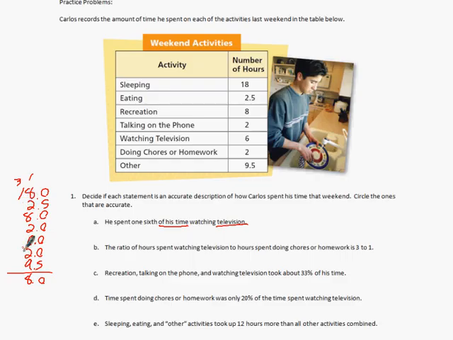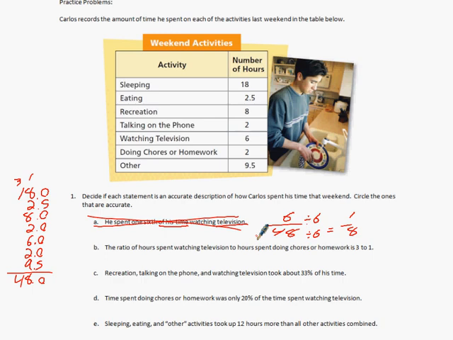Carry the 3. 4. 48 hours, which is 2 days, so that makes sense. So we know the fraction is over 48. Watching TV is 6. I can simplify this because it's not 1/6 yet. Divide by 6, divide by 6, I get 1 over 8. That is not 1/6.